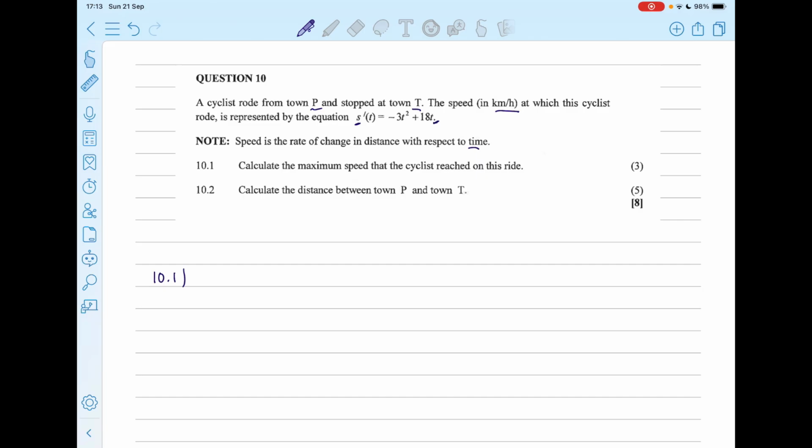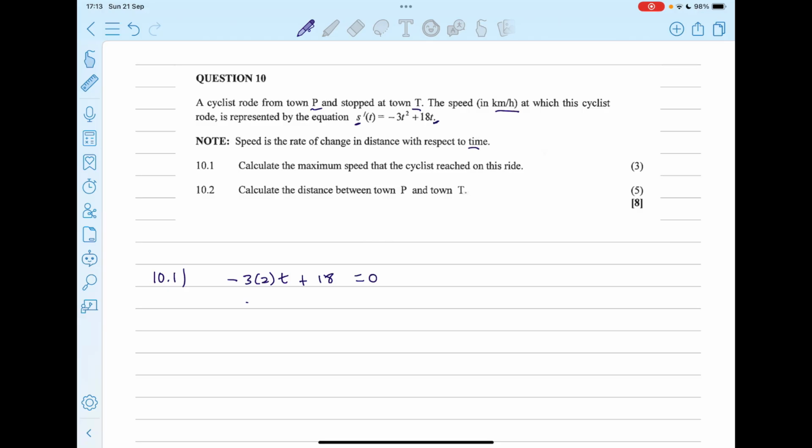Once we have that, the first derivative will allow us to get the time at the maximum speed, and then substituting the time will give us the actual maximum speed. So the first derivative will be negative 3 times 2t plus 18 being equal to 0.